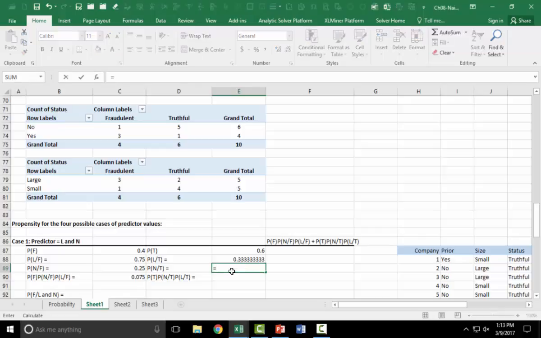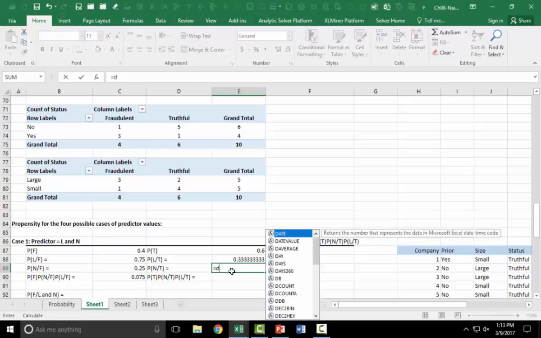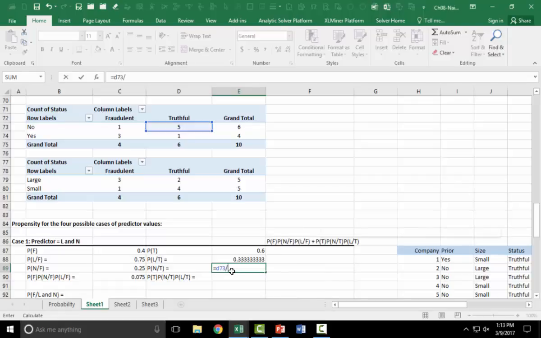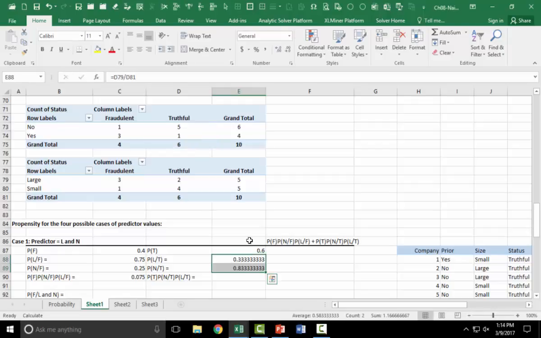And then we want N, so D73 divided by D75. Now you must find the product of that.